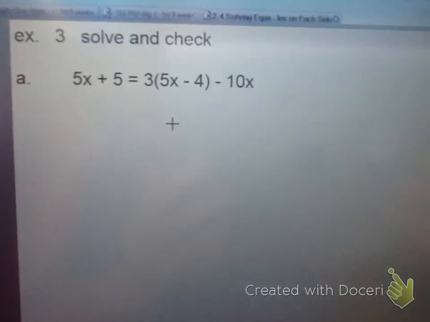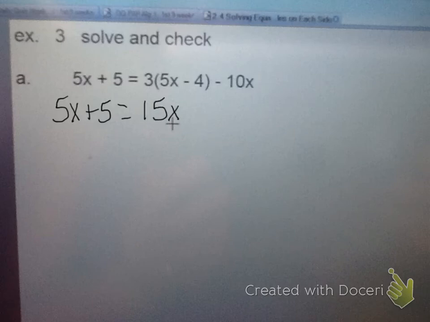Example 3a, we're going to do the distributive property. It's 15x minus 12, and bring down the minus 10x. Now, after we clear the parentheses, step 1, clear parentheses.